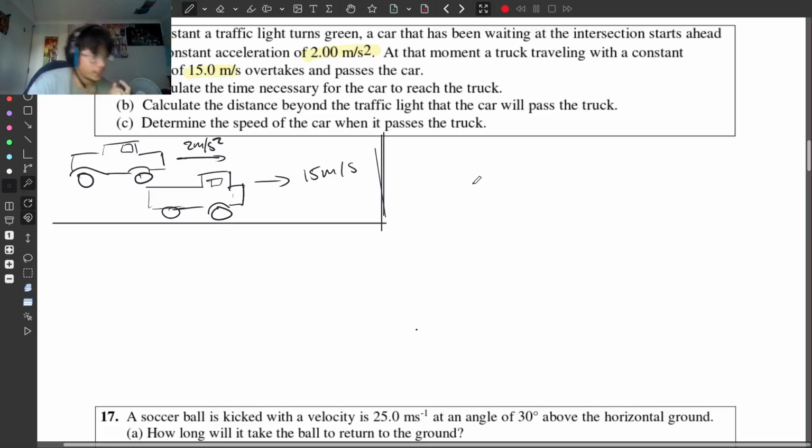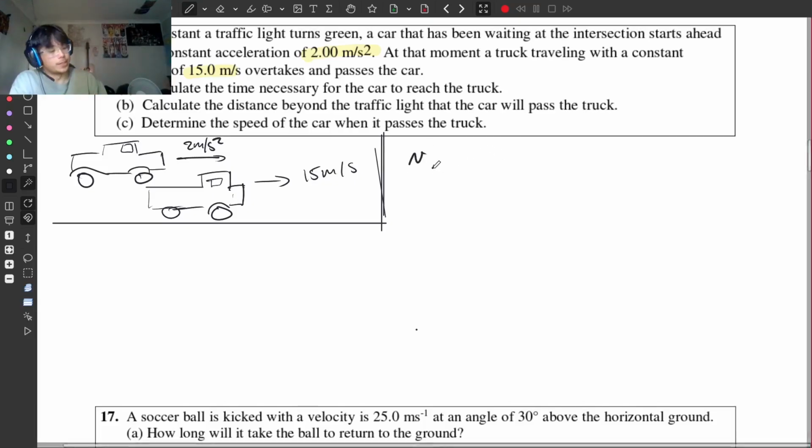So we can try and use Vf equals Vi plus At, but we don't want to do that because we don't have a displacement.